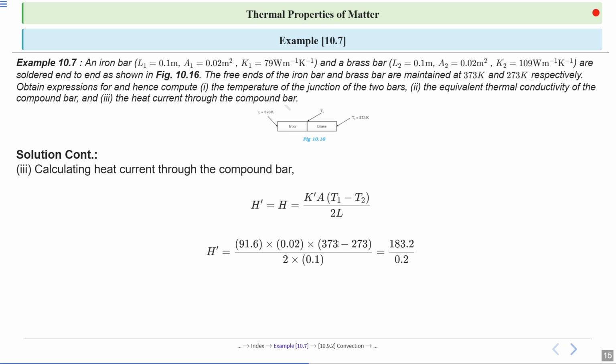So solving the numerator and denominator, you will get 183.2 divided by 0.2. After division, you will get H prime is equal to 916 watt. So this is the heat current through the compound bar.